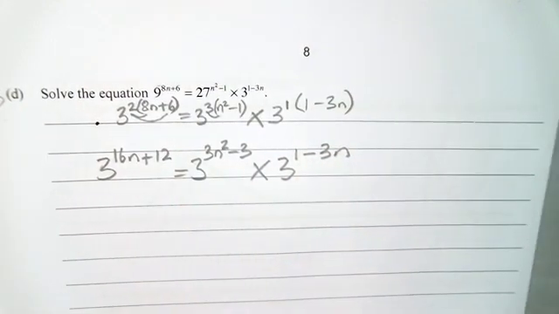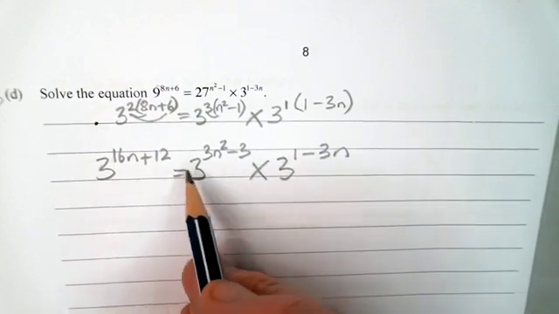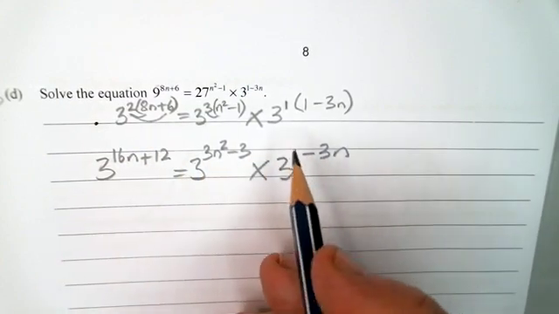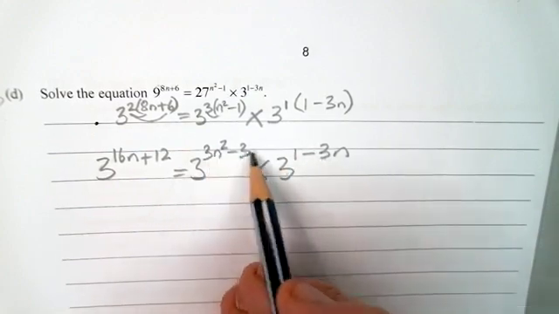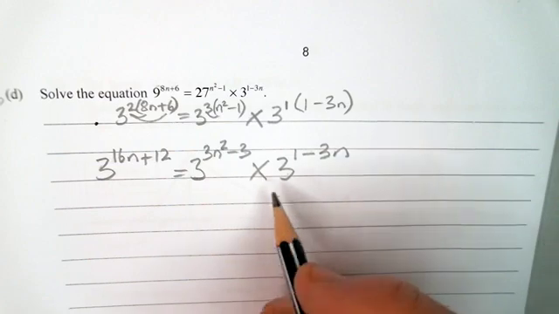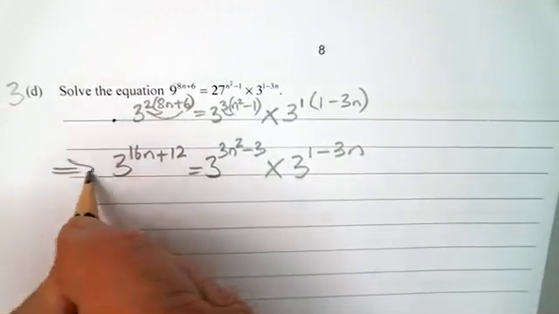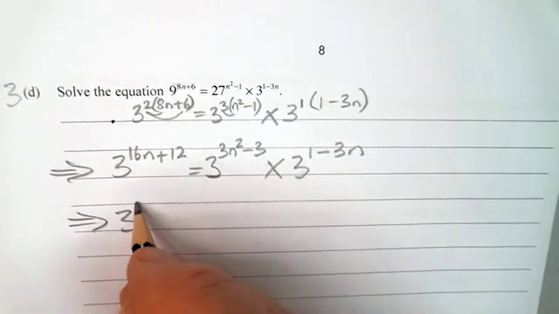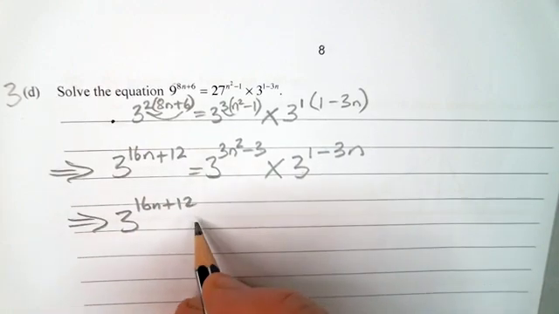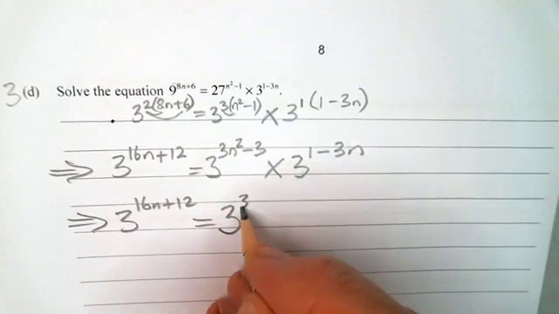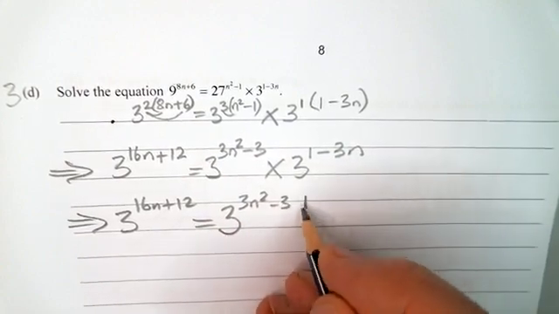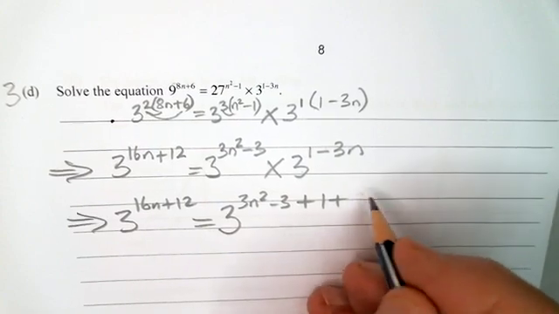All right, now because the bases are all the same, I could just treat these just as these things here. But before I do, I'm noticing the bases are the same and I've got powers, so I can just add these two indices together. So I'm going to do one more iteration of this. I've got 3 to the 16n plus 12 is equal to 3 to the 3n squared minus 3 plus 1 plus negative 3n.